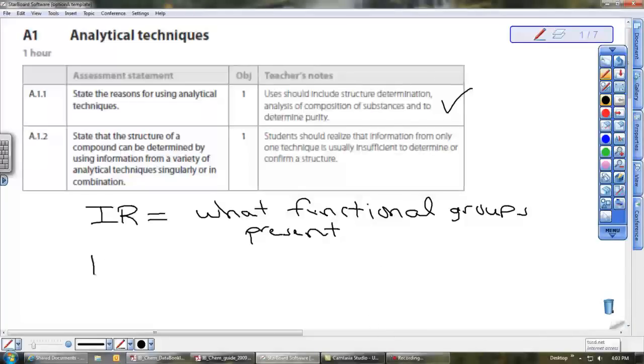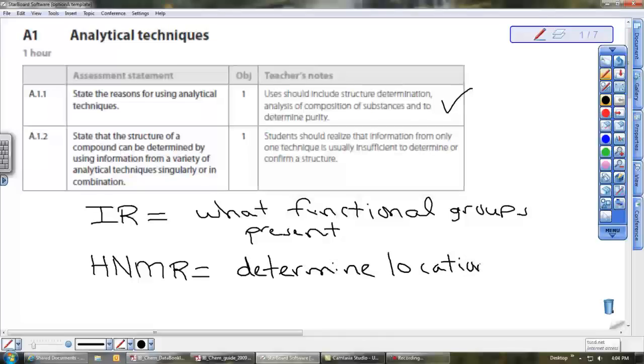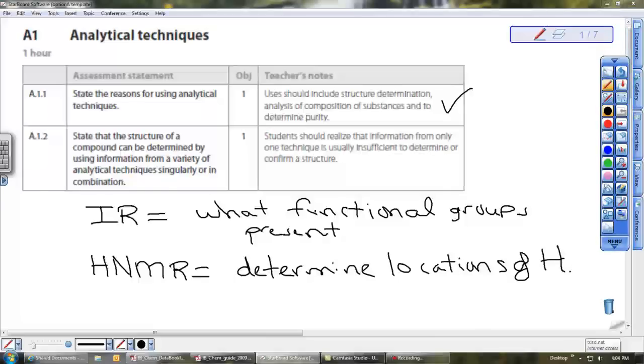Another one we're going to learn is called hydrogen nuclear magnetic resonance. It's going to detect or determine locations of hydrogens. It'll be self-explanatory once we get to that particular process.